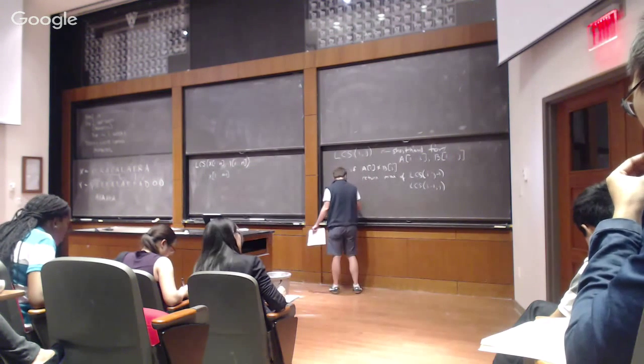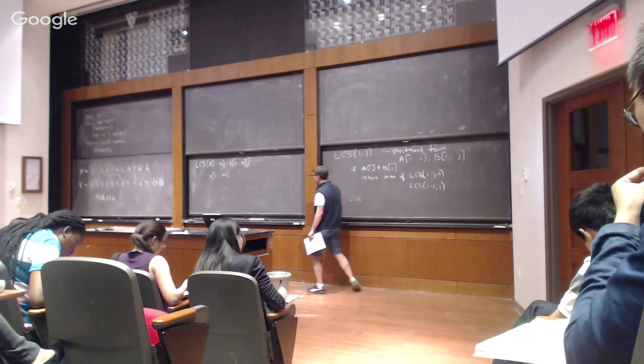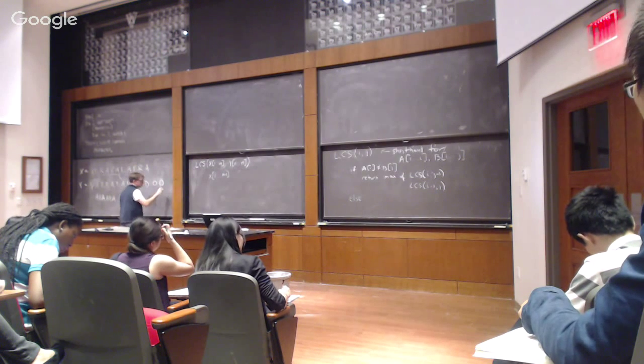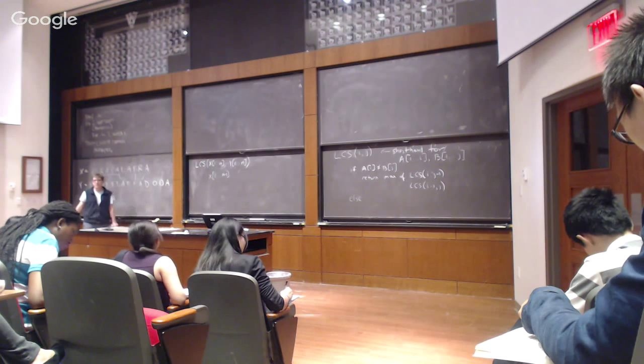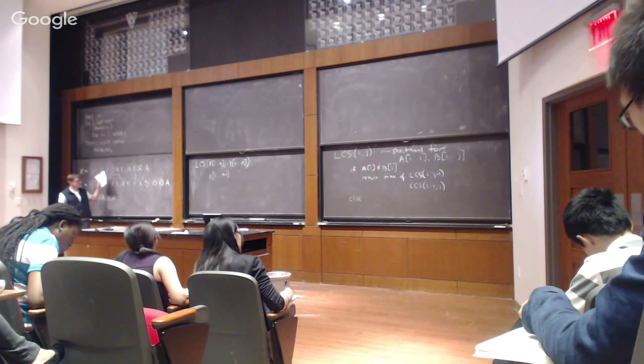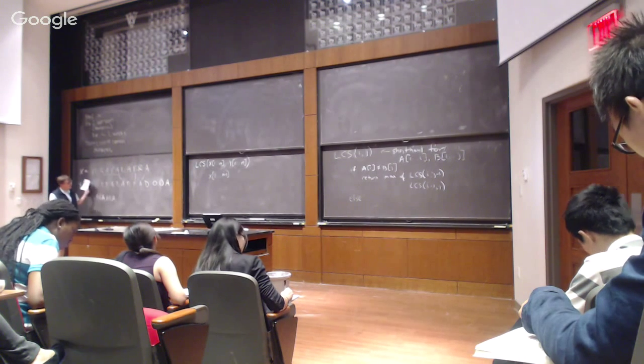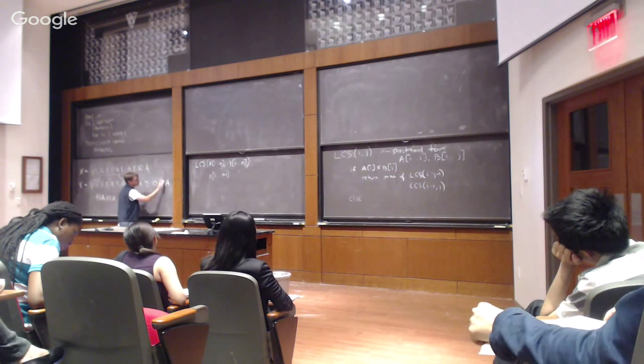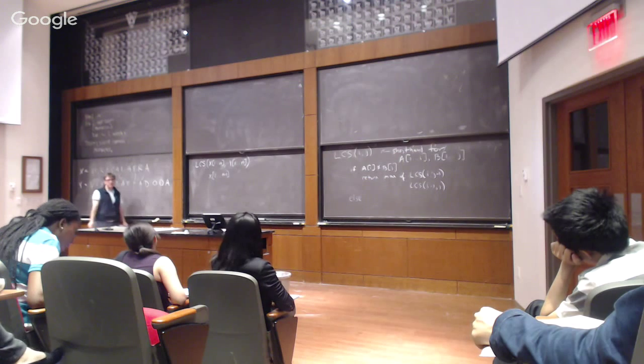Otherwise, suppose we're in a world where these last two characters do match. So I'm going to change the problem now. The last two characters do match. Then the longest common substring of these two strings could have an A at the end of it. In fact, I'm going to prove in a second it must have an A at the end of it.